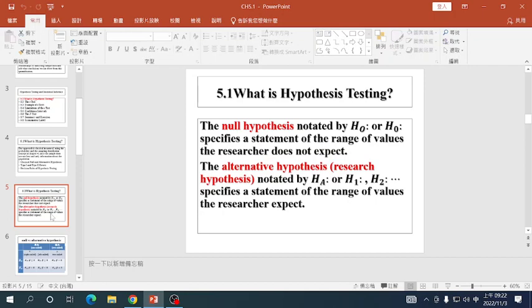So if you are a customer, what do you think about this specification or this mark? Do you suspect whether the drink is less than 500 ml? If it is less than 500 ml, what do you think? Or if it is over 500 ml, what do you think?